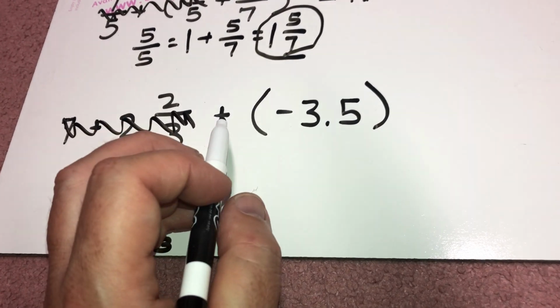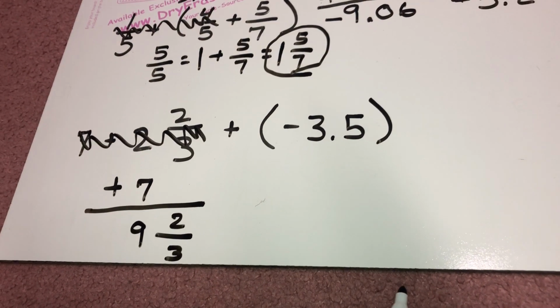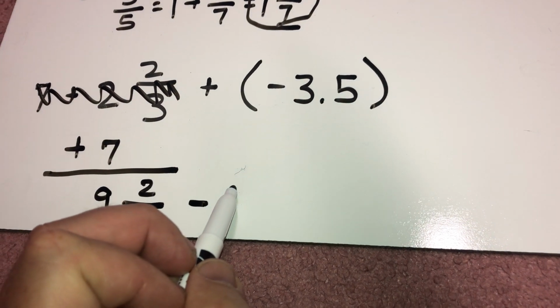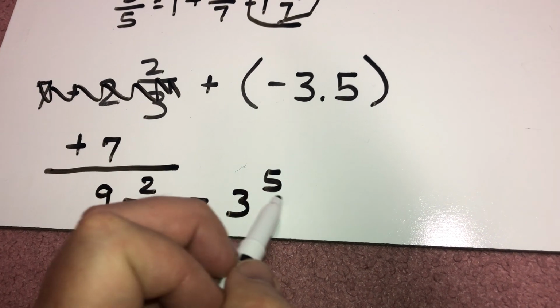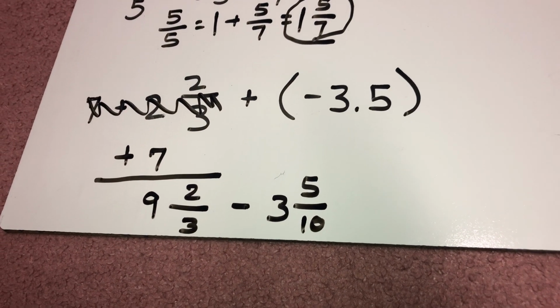Well, now we're plus a negative 3 5/10, which means we're subtracting 3 5/10. Now I can take that 3 5/10 and make it a fraction.